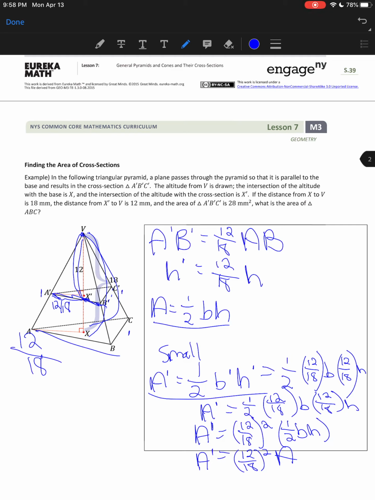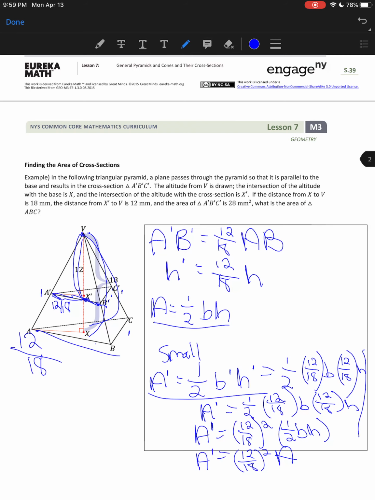This triangle, we said the side here is 12/18 as long as the side down here. So that's where that came from. And then squared, and you could just remember it's squared, but this is the reasoning I showed you up here. And then it's just times the area of the larger one.